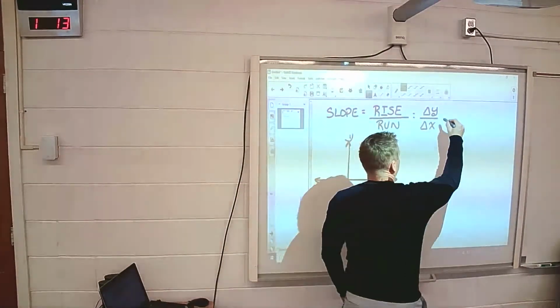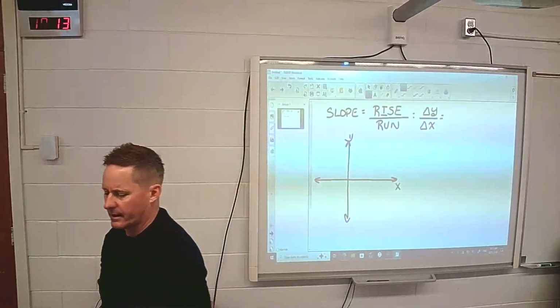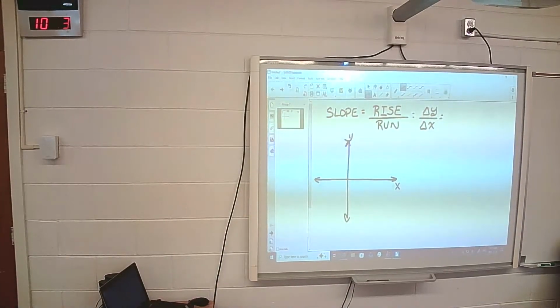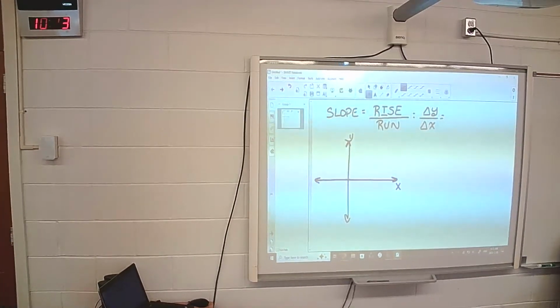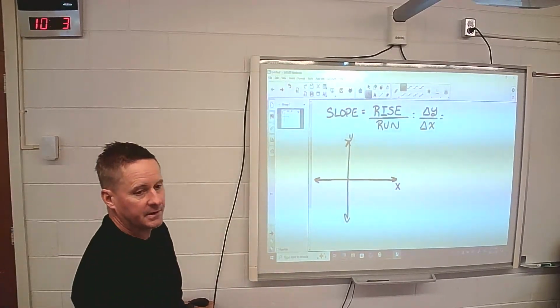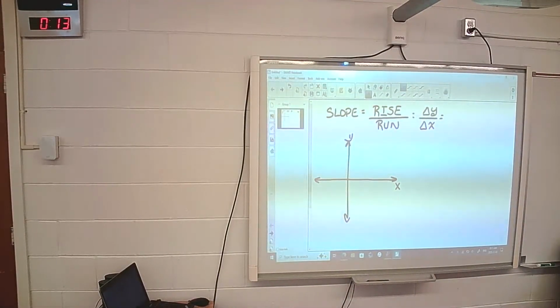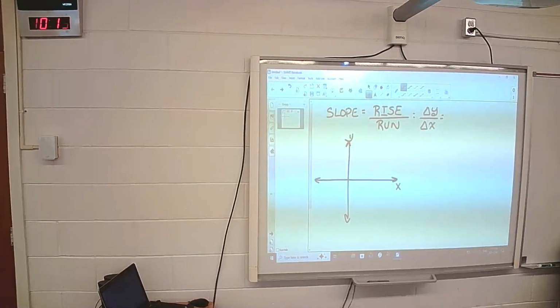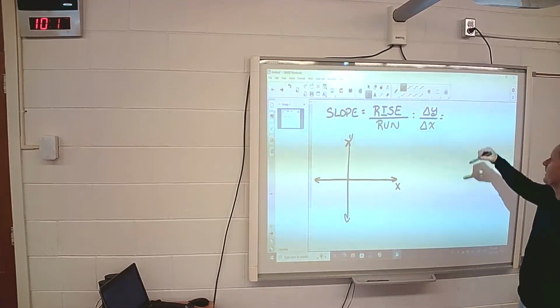Okay? Now, that little triangle, does anybody know what that's called? No? That's called delta. It's a Greek letter, but what it's used to signify in math and science is change. It means the change in the Y over the change in the X. So how do you represent change in Y?